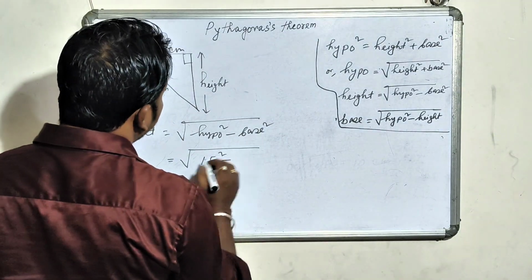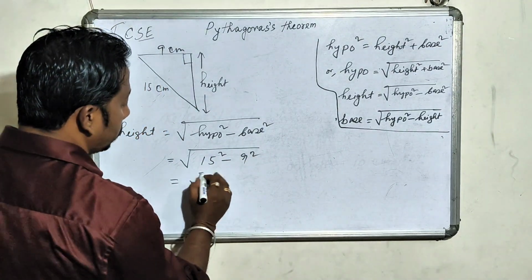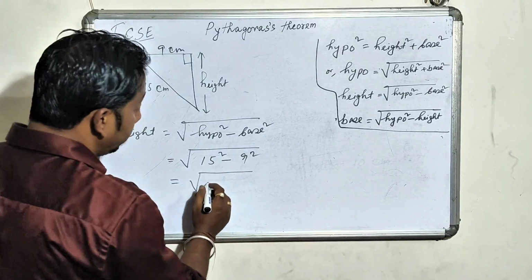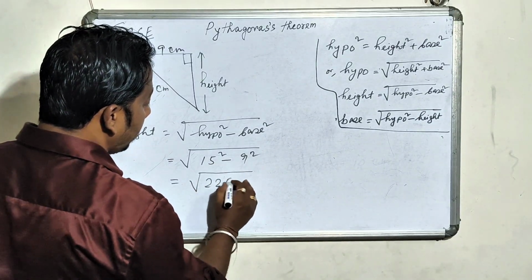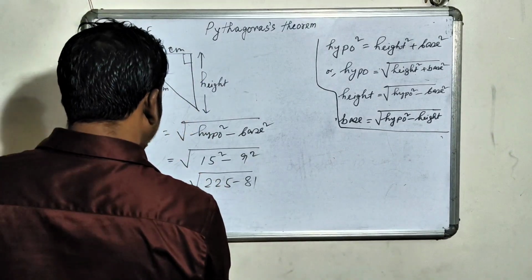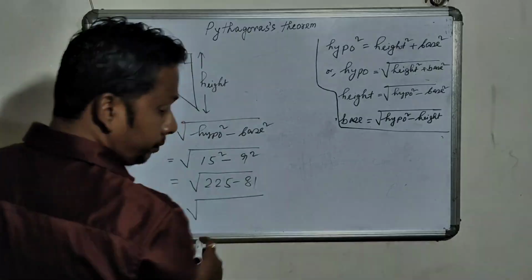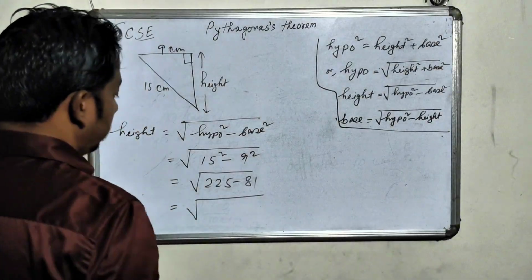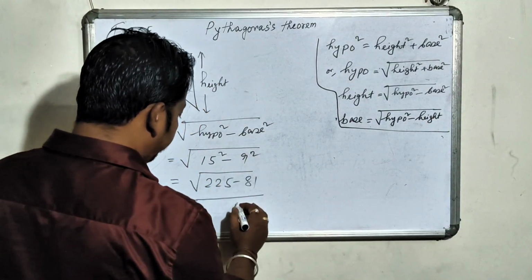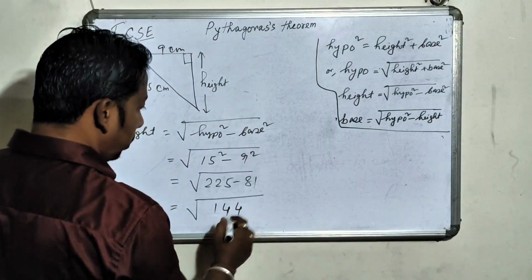That is 15 square minus base square, 9 square. That equals 15 squared is 225, minus 9 squared is 81. 4 4s are 144.